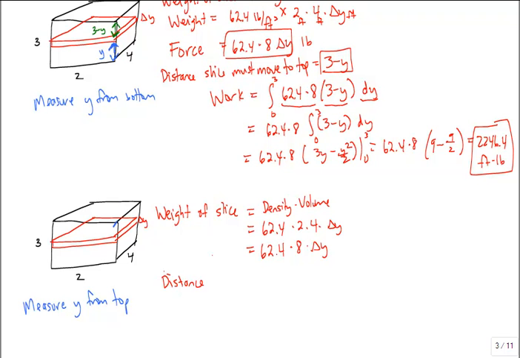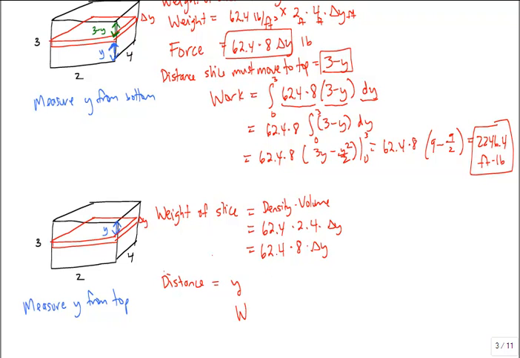So I'm going to let this height coming down from the top of the tank down to my slice be y. And what that does for me is it makes this distance function simpler, because now how much does my slice need to move to get it up to the top of the tank? It just needs to move up y. So my distance that I need to move that slice is just y.